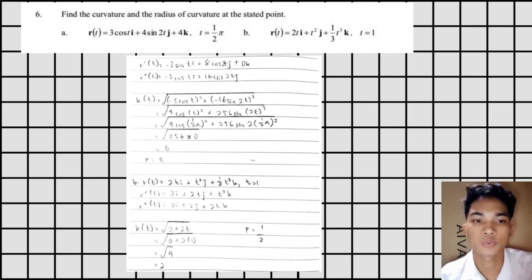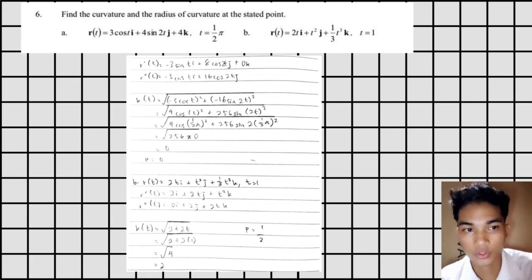So first we change the equation to the square root, which is square root of (−3 cos t)² plus (−16 sin 2t)², and we calculate the equation until we get 9 cos² (1/2 π) plus 256 sin² 2(1/2 π). Then we will get the final answer for the curvature, and the radius of curvature is 0.